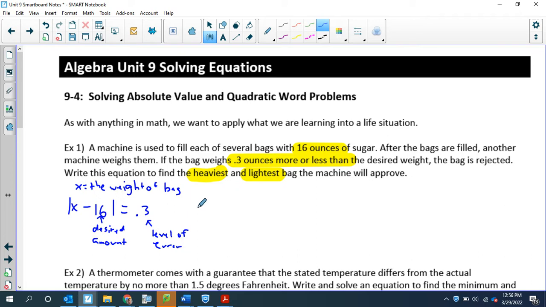So that's our equation. Then to solve that, to find the maximum, I'm going to undo that absolute value. Remember, to undo an absolute value, we write two separate equations. One where the right side's positive, we drop that absolute value. And then we drop the absolute value and make the right side negative. So when I solve this, I'd add 16. And one answer is going to be x equals 16.3 ounces.